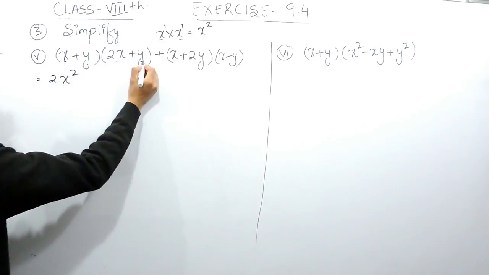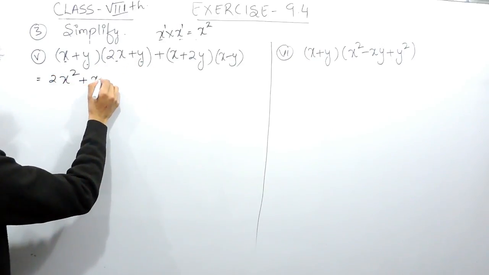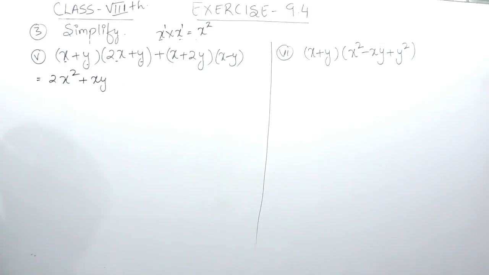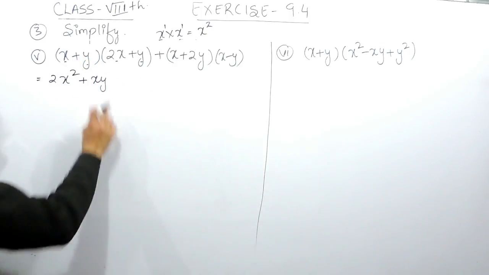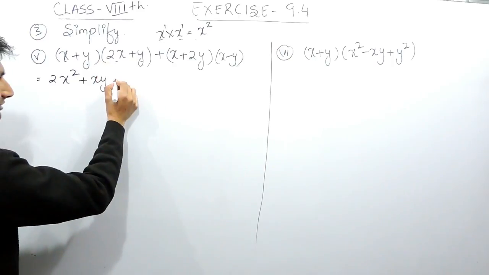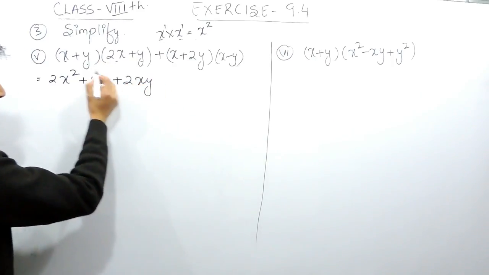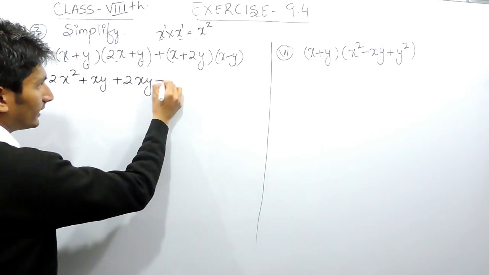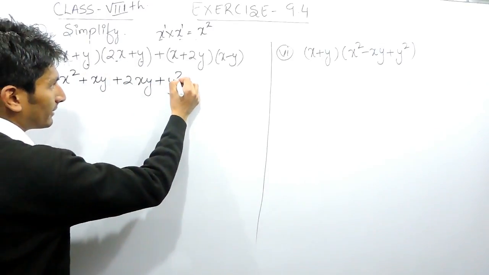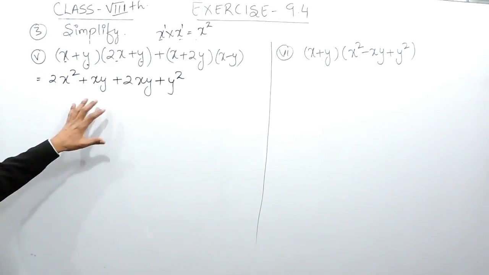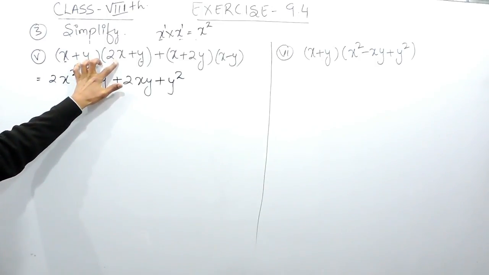Similarly, x multiplied by y will give xy, because these are unlike terms, so it can only be written as xy. Now y multiplied by 2x will give 2xy. Now y multiplied by y will give y square. This is what we get when we multiply these expressions.